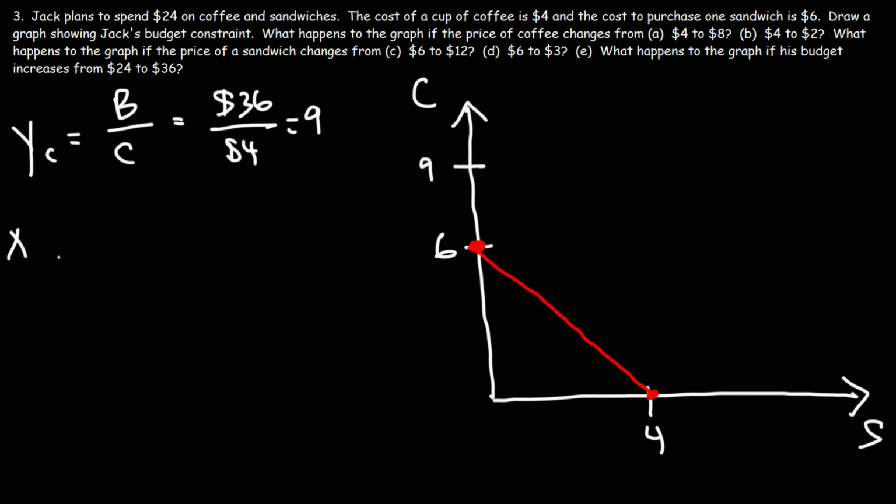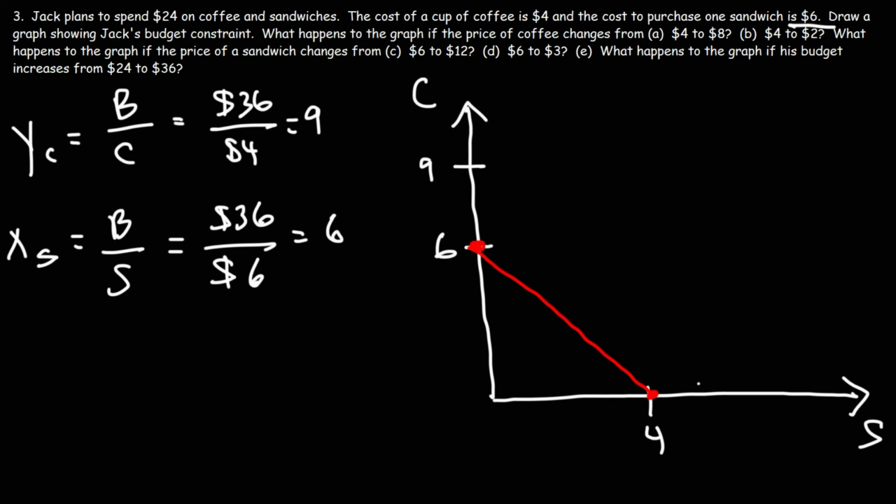Now, to get the x-intercept, or the maximum number of sandwiches that he can buy, it's going to be the new budget of $36 divided by the price of each sandwich, which is $6. So we get a new value of 6.